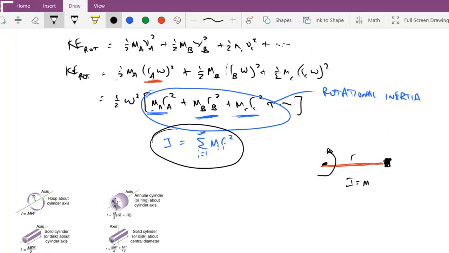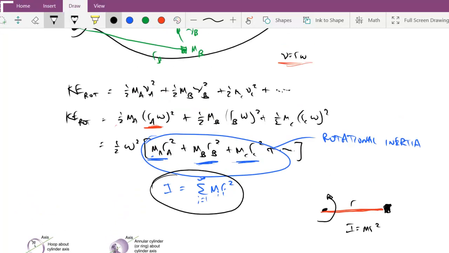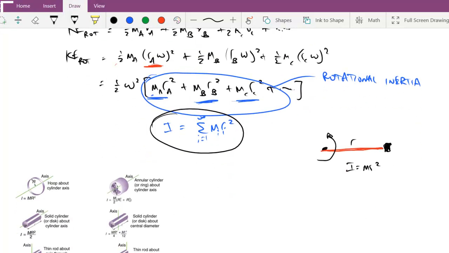This is r, this distance, so just m r squared, because we just have the one point. But if we have more complex shapes, then we need techniques from calculus to determine what that is.